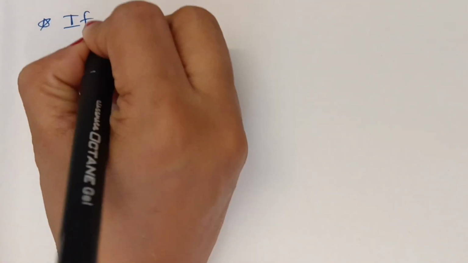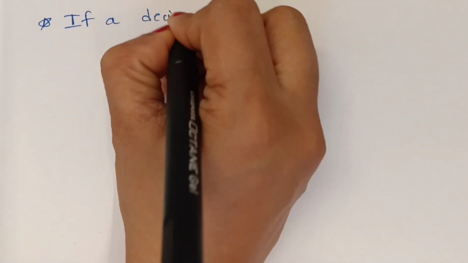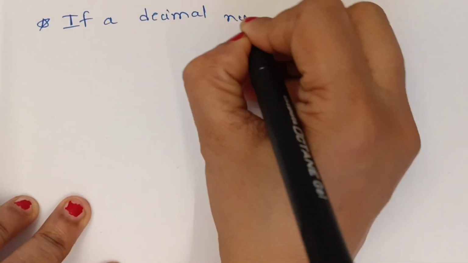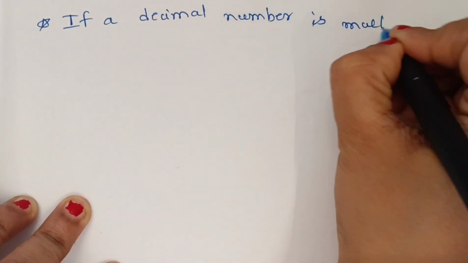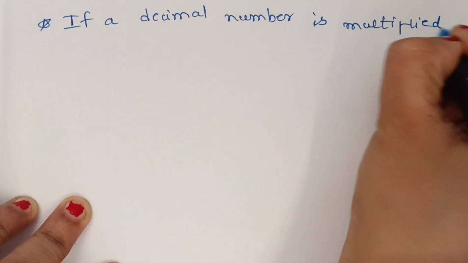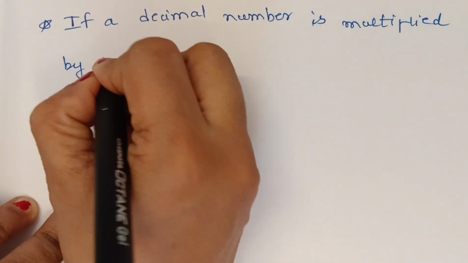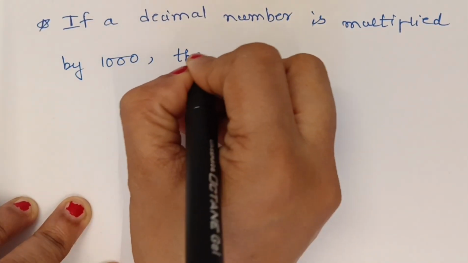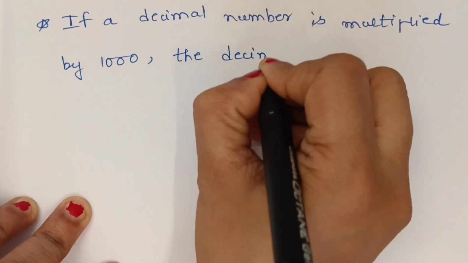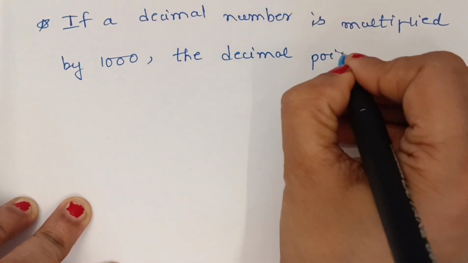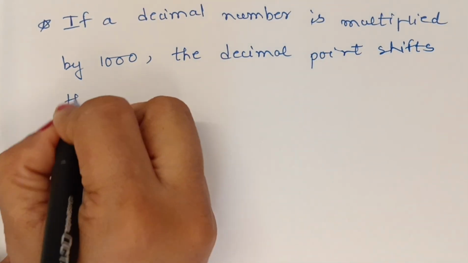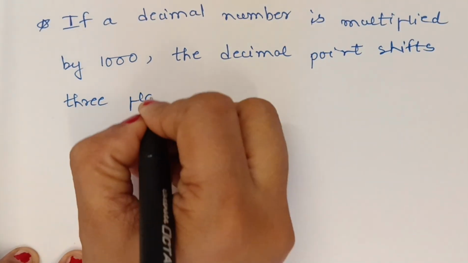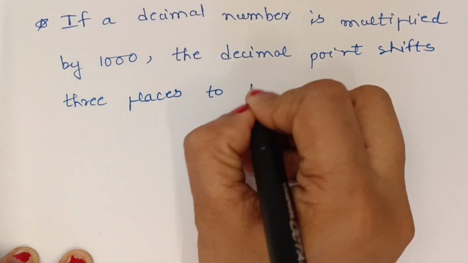Now third condition, if a decimal number is multiplied by 1000, then the decimal point shifts 3 places to the right.